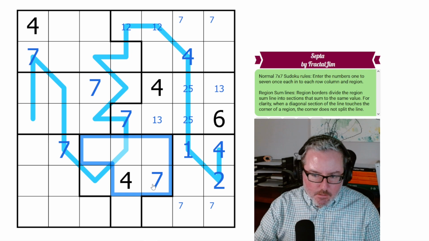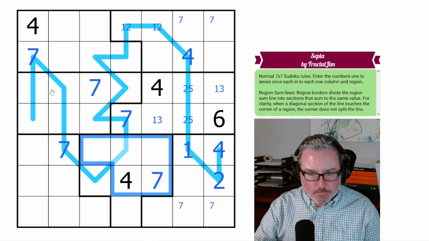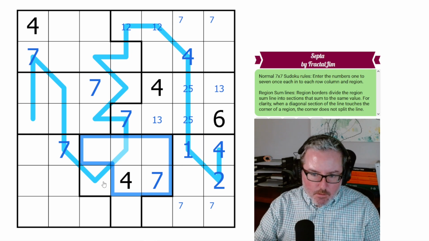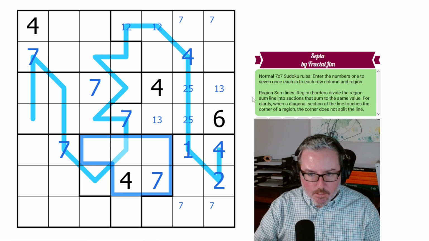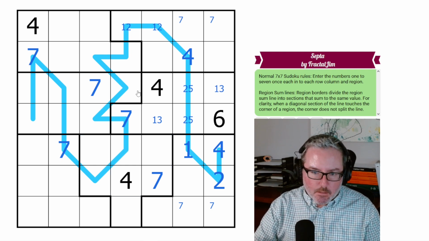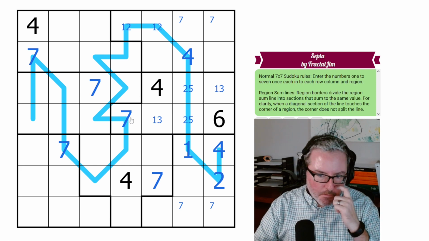Now, let's look at these region sums again, where we know a 1 is ruled out from all of these. I cannot say that this can't be a 1, because this could easily be a 6. Now, is there anything similar to that we might be able to determine?